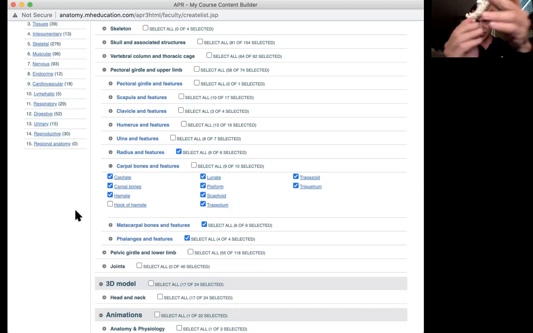Here's my proximal row, starting right there. Scaphoid, some. Lunate, lovers. Triquetrum, it's that one right there.